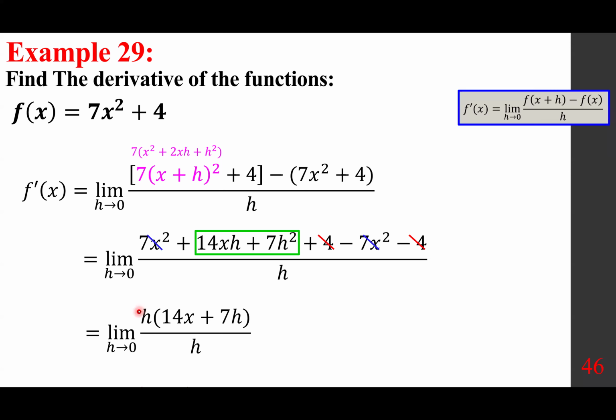We want to get rid of it. If you did, it makes no difference. You will have a 7 here, 2x here, and h here. That works. And now, the limit of 14x plus 7h as h approaches 0, if you apply, you get 14x. Don't lose your limit sign unless you want to simplify this and then at the end again use the limit sign 14x.